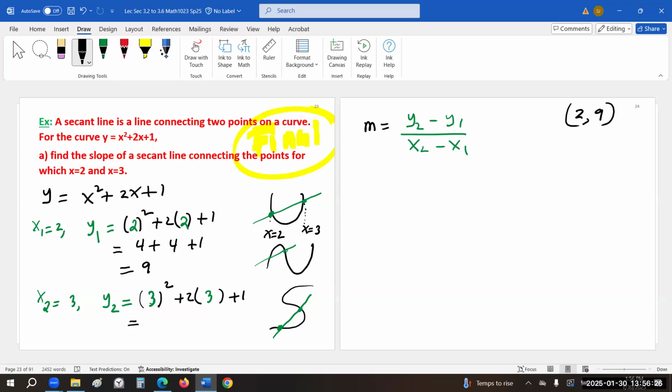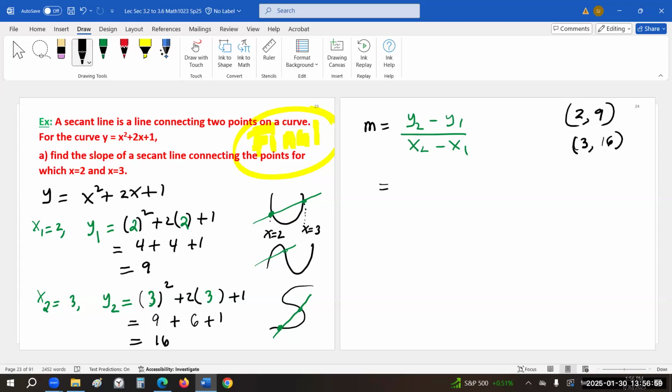What is 3 squared? 3 times 2? And what is 9 plus 6 plus 1? 16. So we have our second point. x value is 3, y value is 16. They did not give us the y's directly, but we are so smart, we figured them out by working with their equation.